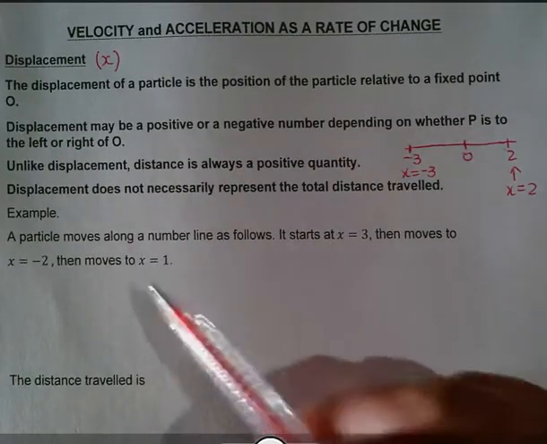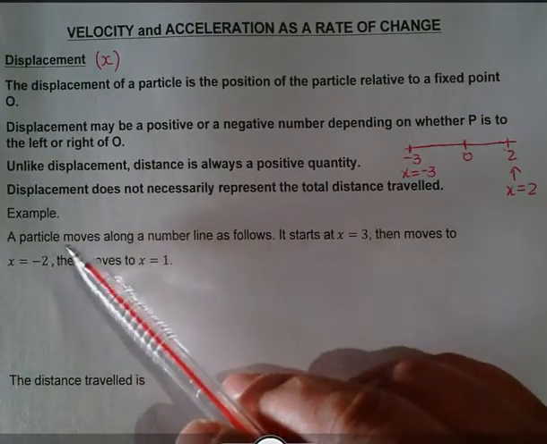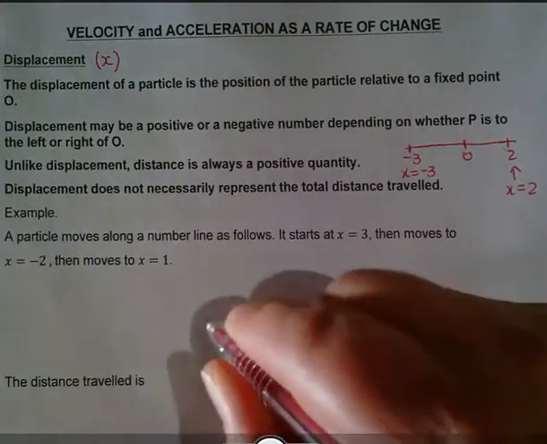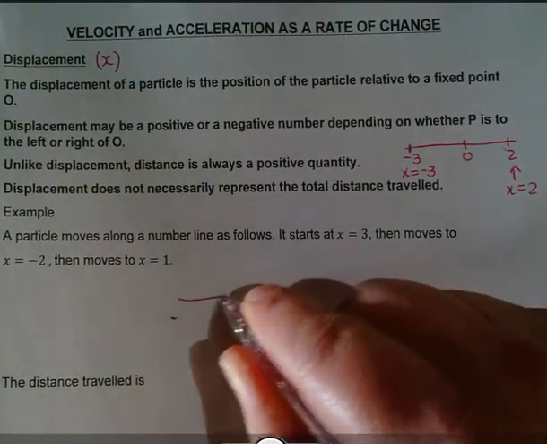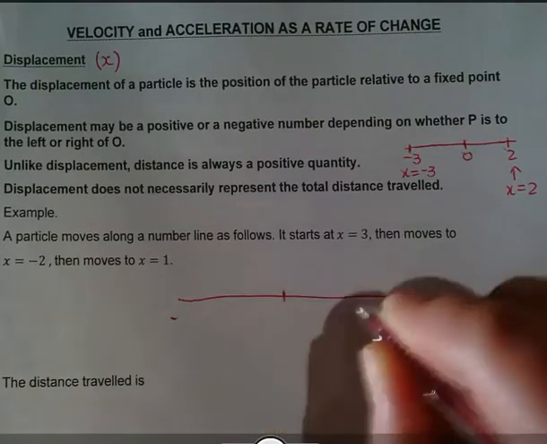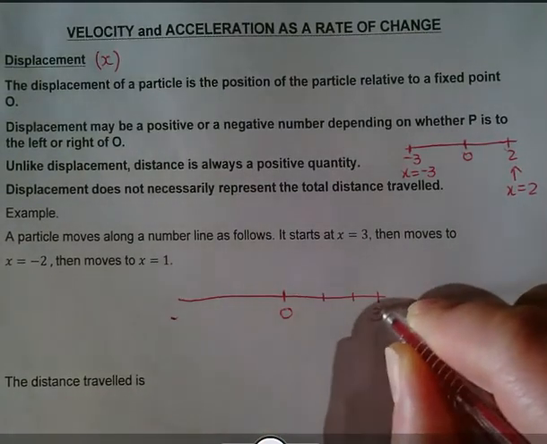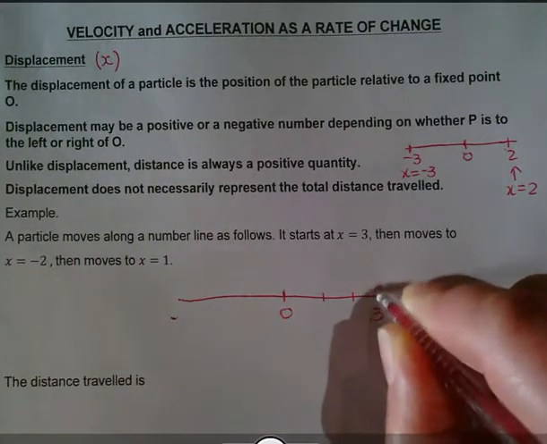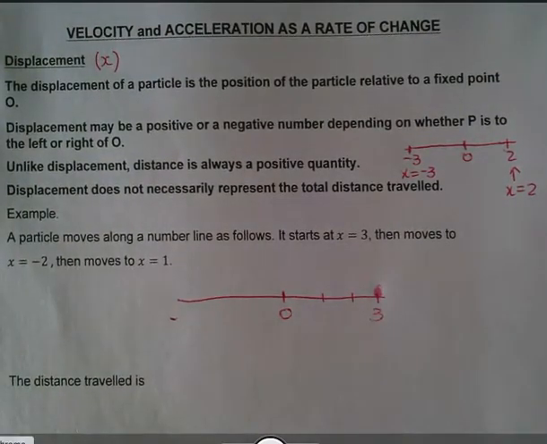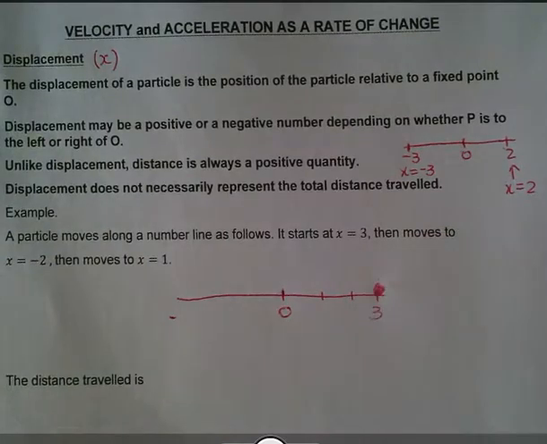So here's an example. A particle moves along a number line as follows. It starts at x is 3. So I've got the origin here. It starts here at x is 3.